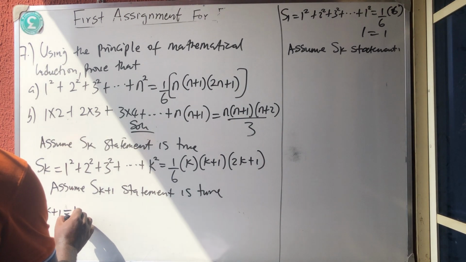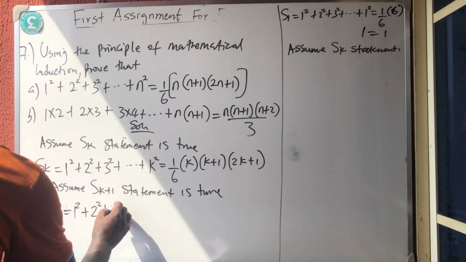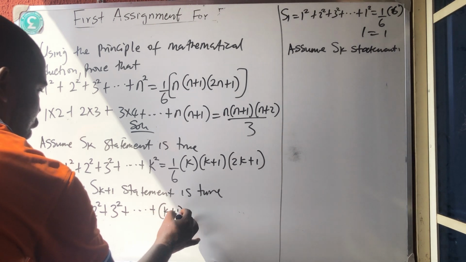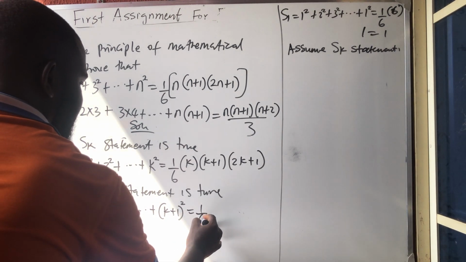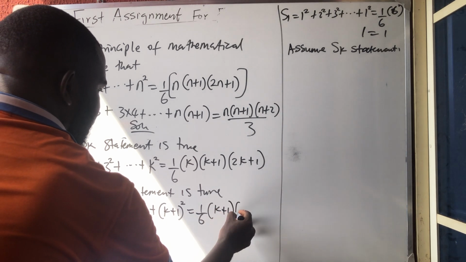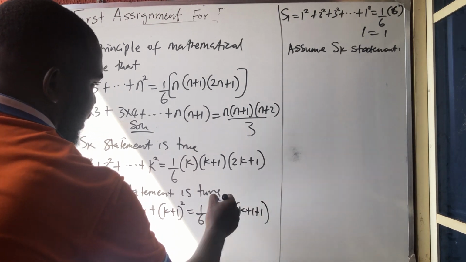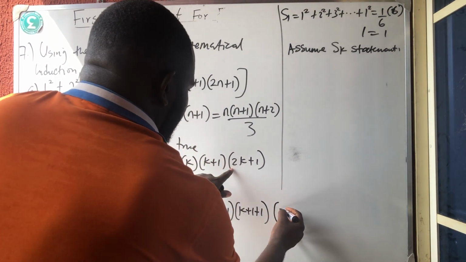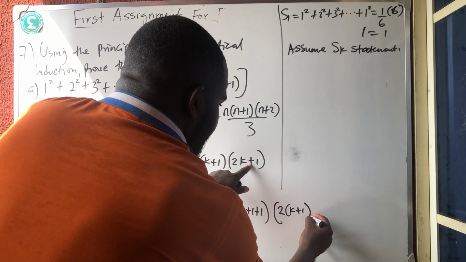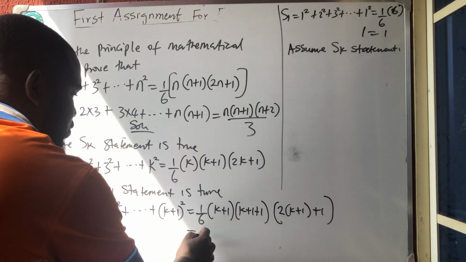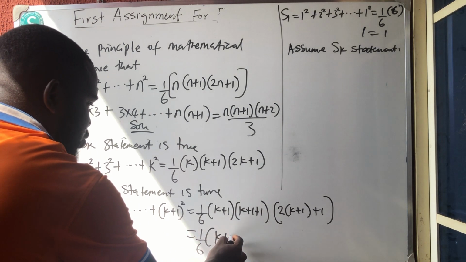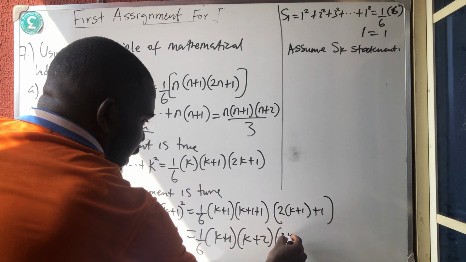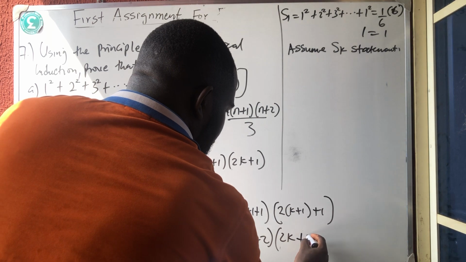So I'm having that this is equal to 1 square plus 2 square plus 3 square plus ... plus K plus 1 all square is equal to 1 over 6 into K plus 1 into K plus 1 plus 1 into 2 into K plus 1 plus 1. So what I'm having here is 1 over 6 into K plus 1 into K plus 2 into 2K plus 3.